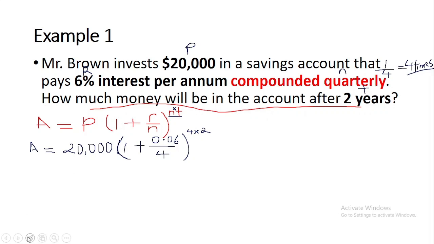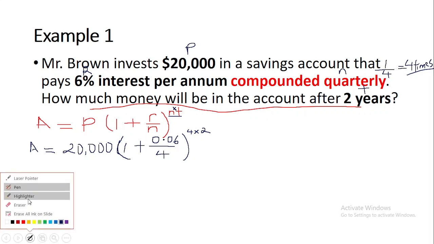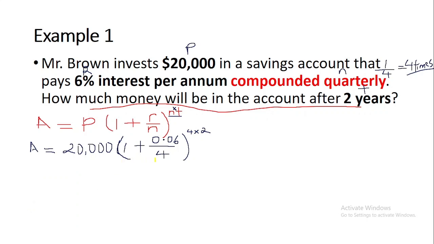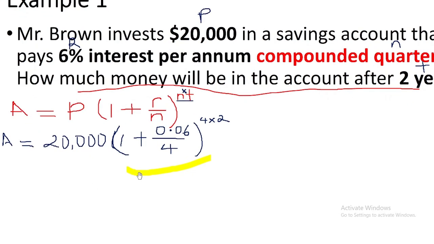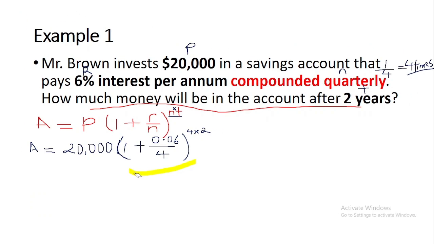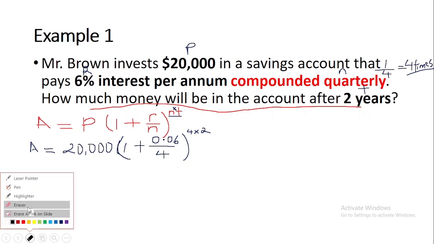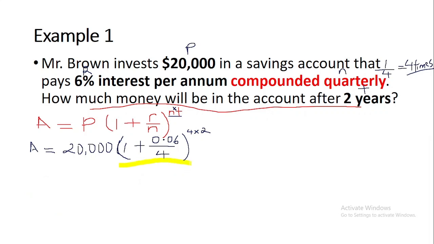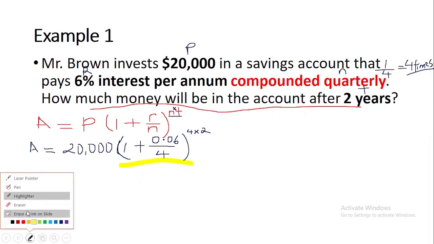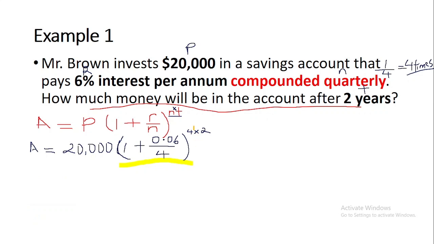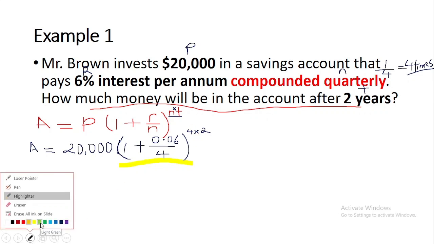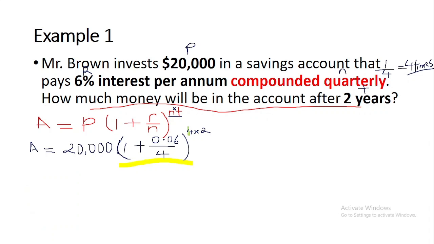What we're going to do is first calculate the total amount in the bracket, and then find out what we're going to raise it to after multiplying these two values. So you have to multiply before you get the power.